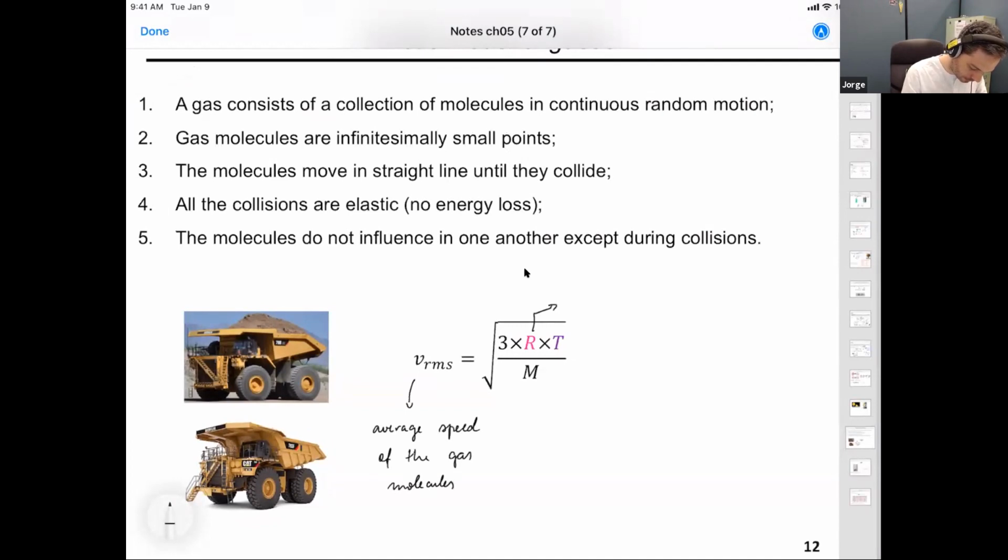R is the universal gas constant. T here comes from temperature, and we are always going to use it in Kelvin, divided by the molar mass.